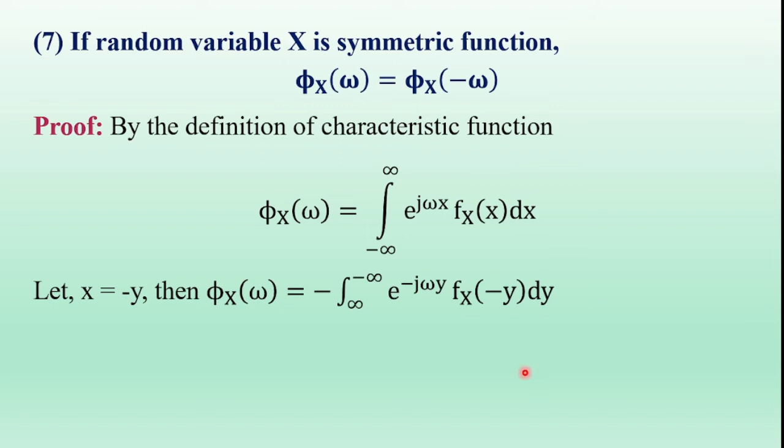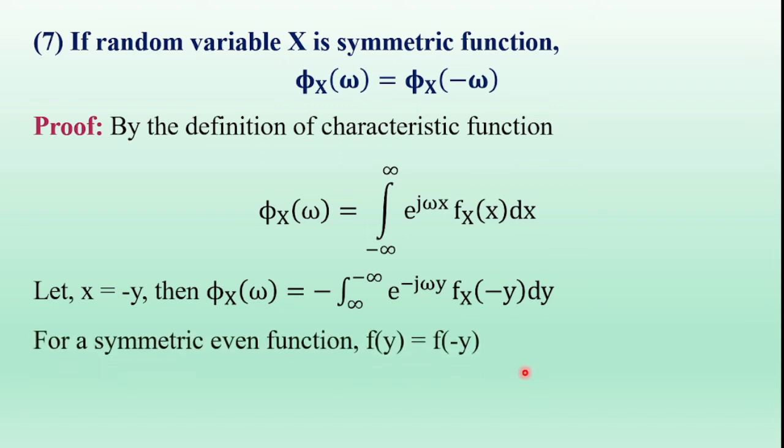But we know that for a symmetric even function, f of y is equal to f of minus y. So fx of y is equal to fx of minus y, and we also know that minus integral plus infinity to minus infinity function into dx is equal to integral minus infinity to plus infinity function into dx. Applying this symmetric condition and that condition, what is that condition?